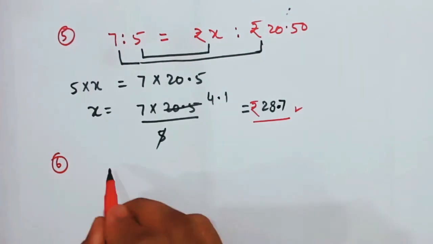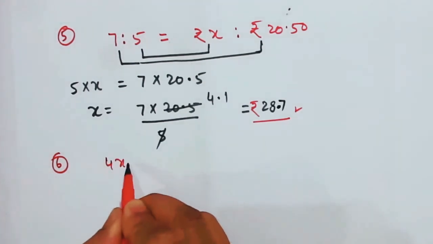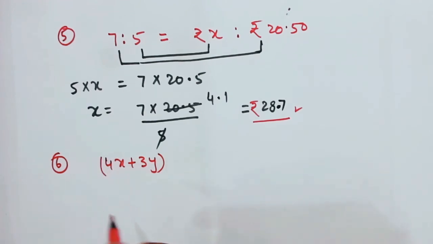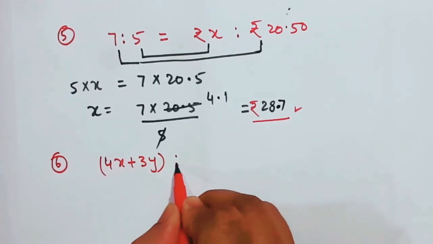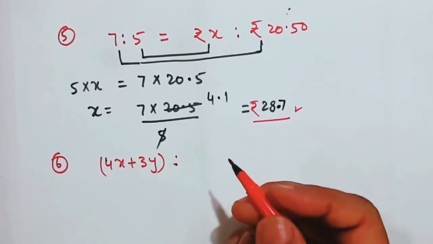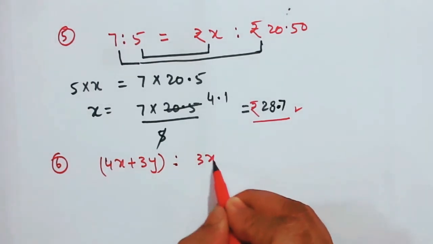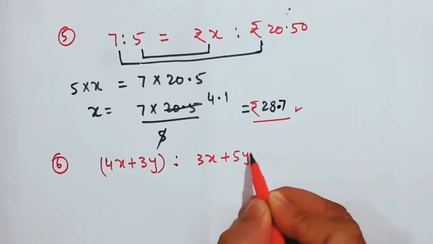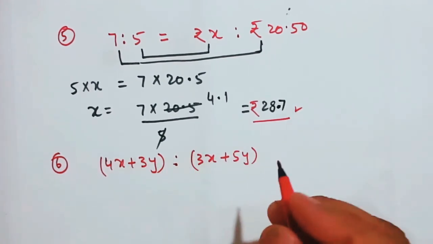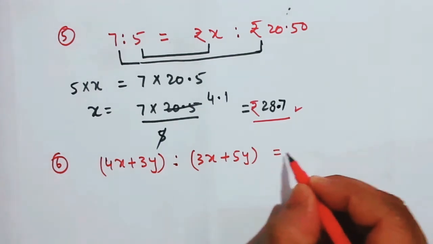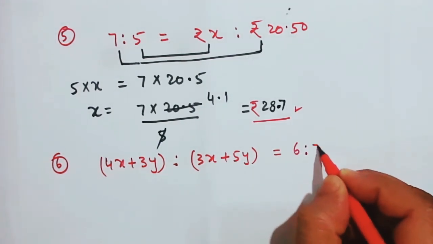The ratio of 4x plus 3y and 3x plus 5y is equal to 6:7.